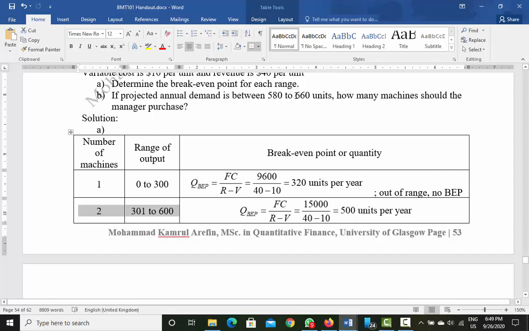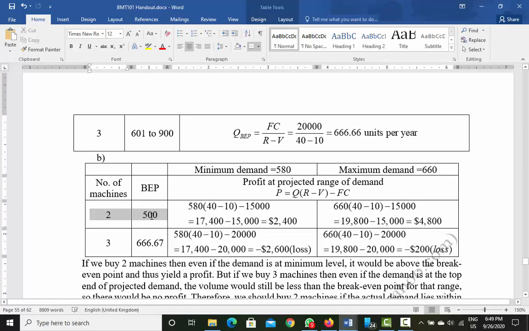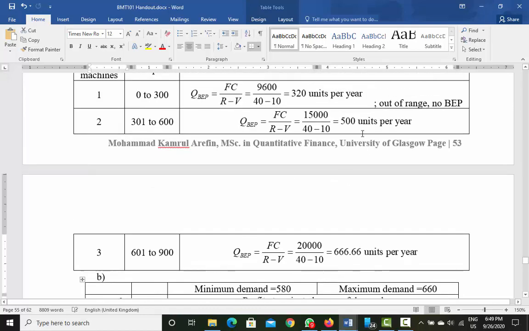But if the market reaches maximum demand, you won't be able to supply 660 units, because the maximum you can produce is 600 units. If the manager buys 2 machines, the break-even point is 500. We know that the break-even point is 500 units per year.